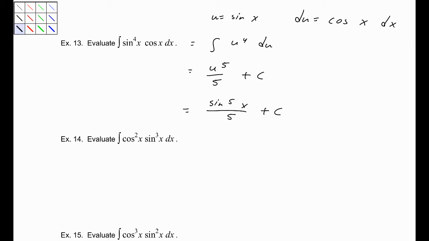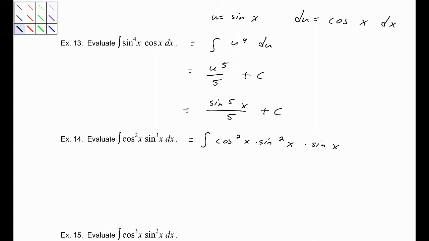All right, next we have cosine squared x, sine cubed x. There is a problem here because we do not have a single sine or a single cosine. So I'm going to manipulate this just a little. I'm going to leave this as cosine squared x sine squared x times sine x.